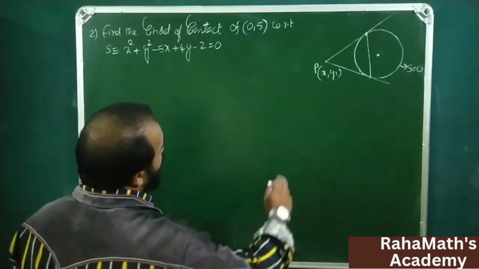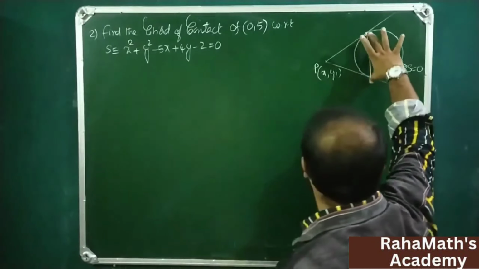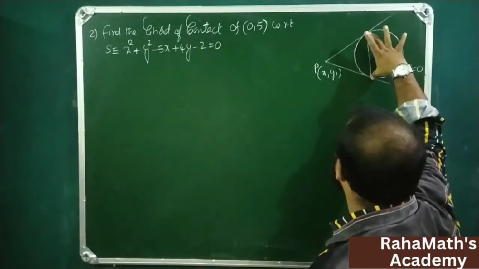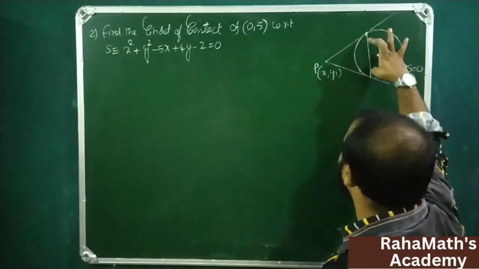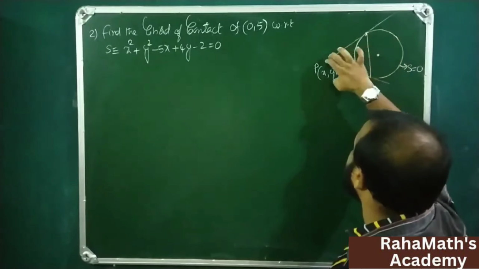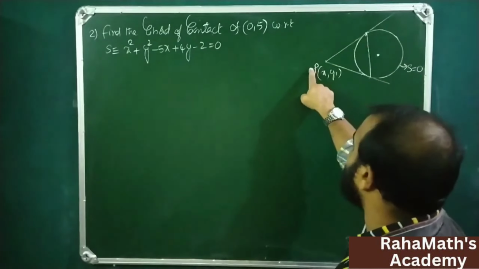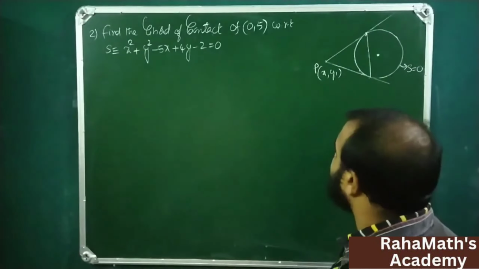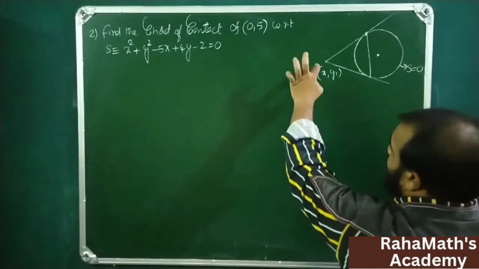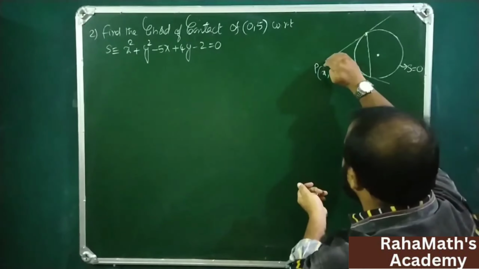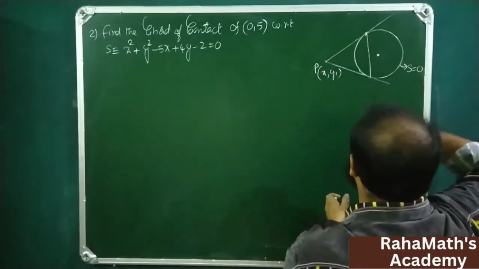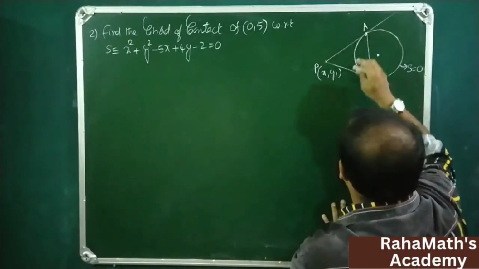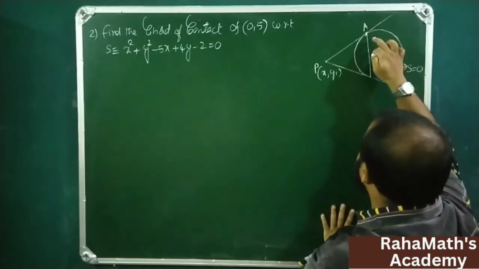So what is the chord of contact? The line joining the points of contact of the tangents drawn from external point P with respect to circle S is called the chord of contact. That means from external point P, if we draw two tangents, then A is the point of contact of this tangent to the circle.